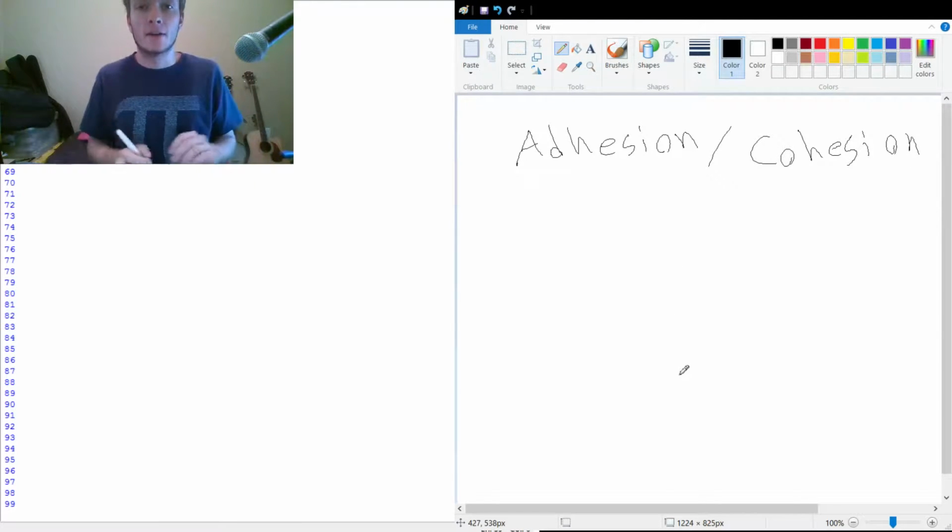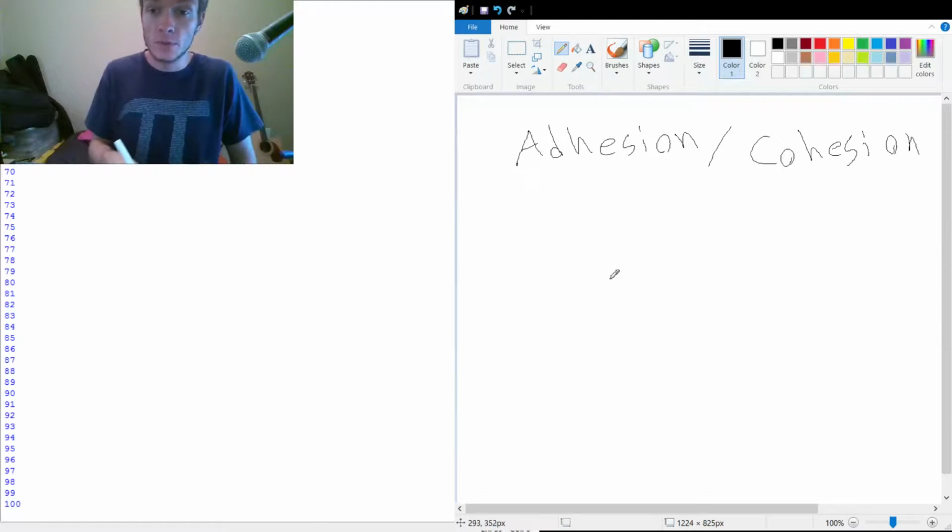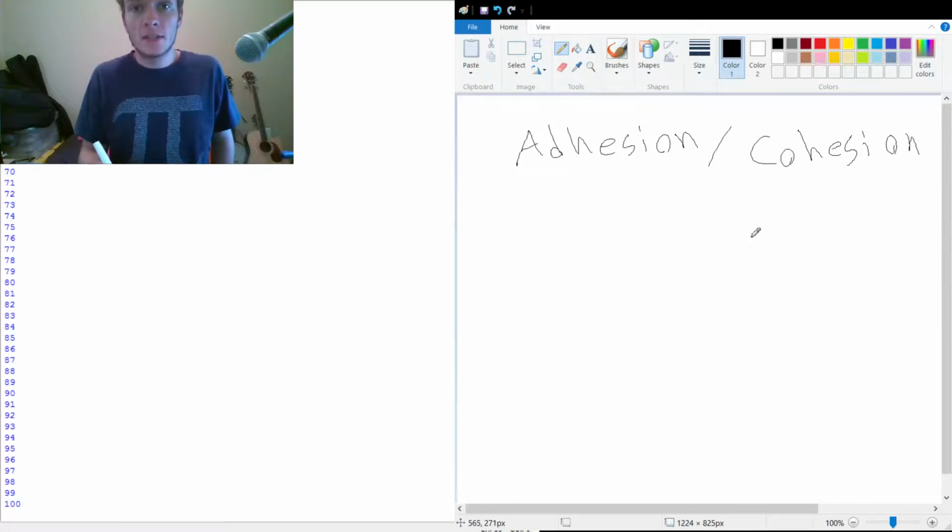molecular compounds and atoms. So small particles have an attractive force, so these are two attractive forces, and what they deal with is the interaction between molecules.